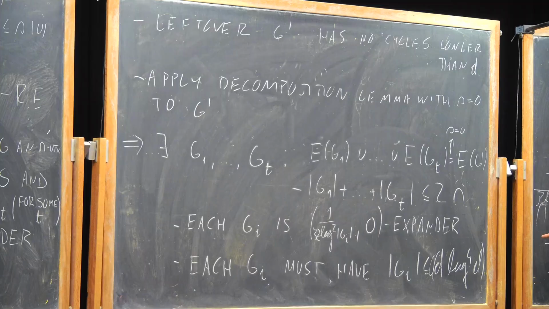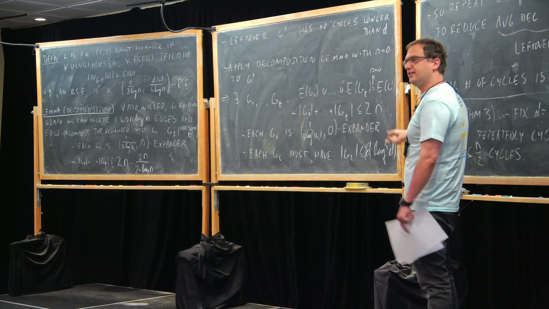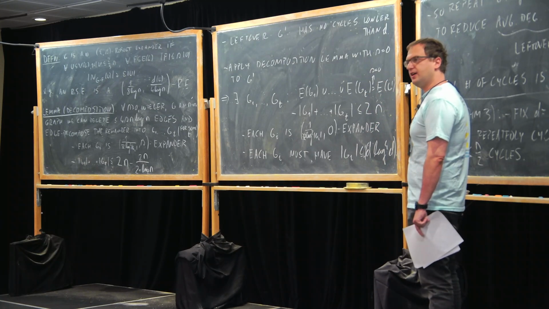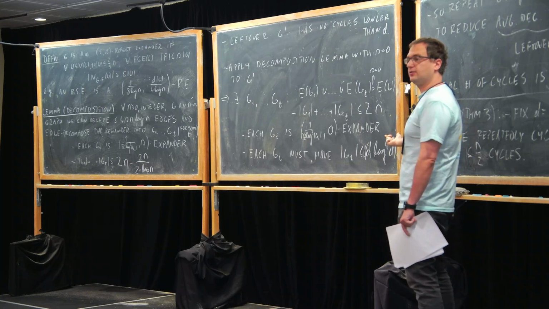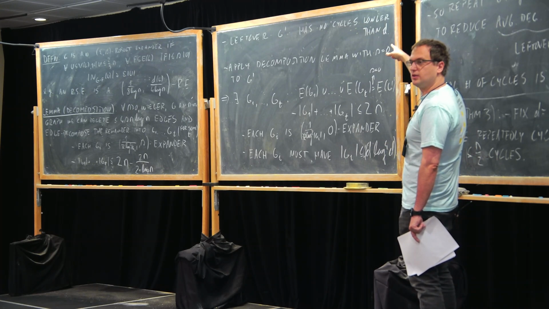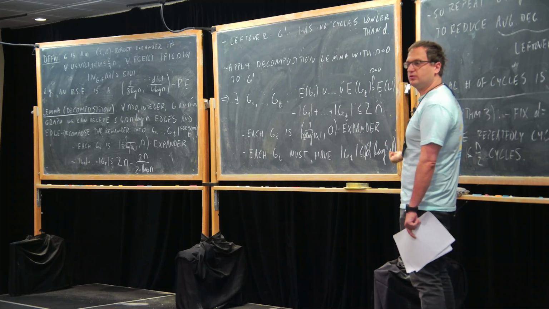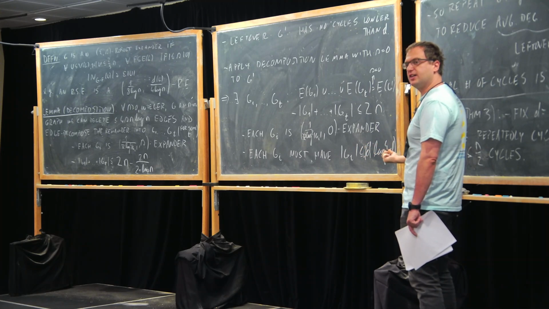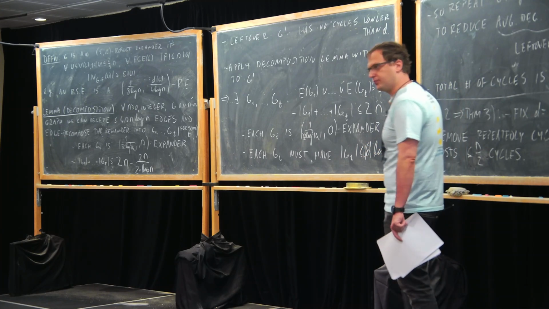If it had that many vertices, then this find a long cycle in expander lemma would tell you that you have a cycle of length d. We killed all of those. So actually, all of these expanders are small. They are very close to the average degree size, which makes us happy.